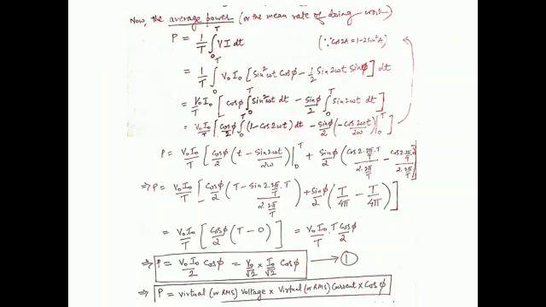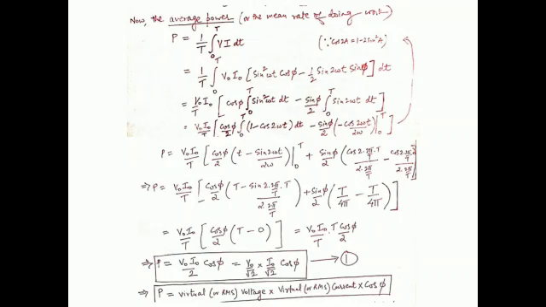Now the average power or the mean rate of doing work, that is capital P, can be expressed as 1 by T, the time period, integral from 0 to T of VI dt. After a few steps of solving this integral, we arrive at equation number 1, where P is equal to V naught I naught by 2 cos phi, which is equal to V naught by root 2 times I naught by root 2 cos phi.